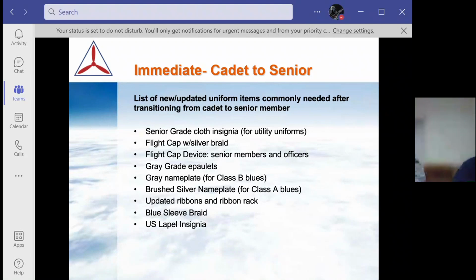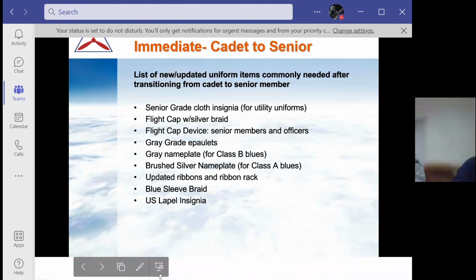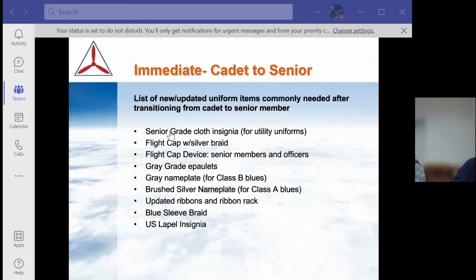Let me show you. I'll need a visual on that. Let's go with my CAP one. So, flight officer CAP rank.